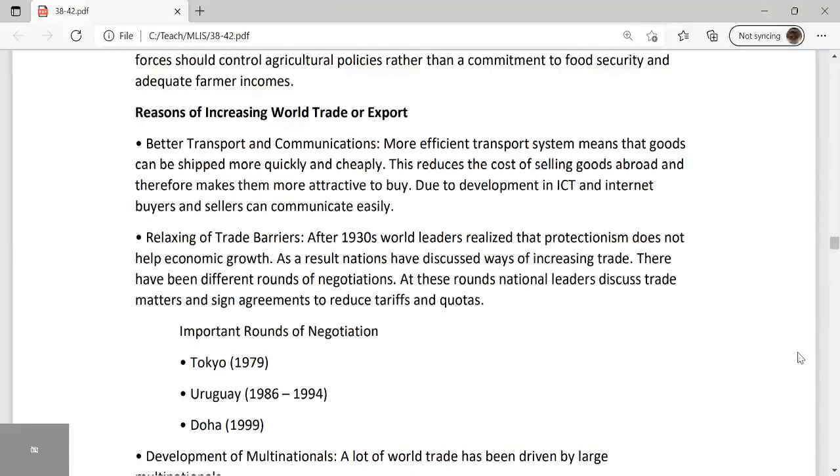Due to development in ICT and the internet, buyers and sellers can communicate easily. Suppose, for example, AliExpress. With the help of AliExpress, you can bring goods from around the world.